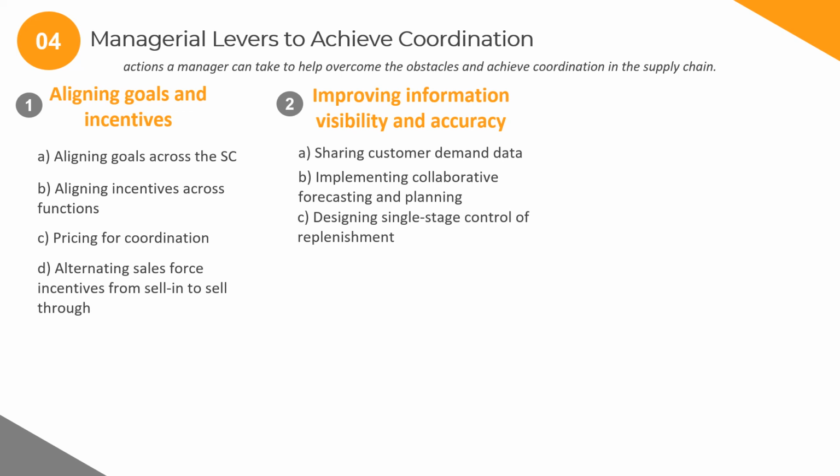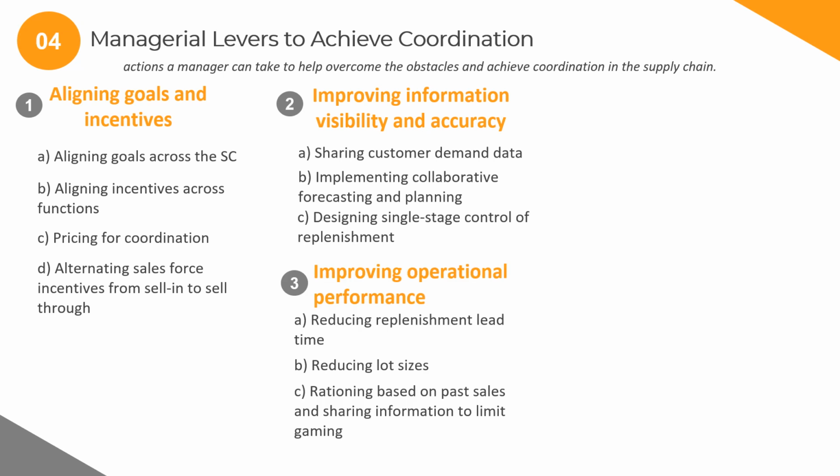And then the third one is improving operational performance. That is, by reducing replenishment lead time. By reducing replenishment lead time, the firm allows multiple orders to be placed to adjust to the actual demand. Then the second one is reducing lot size.